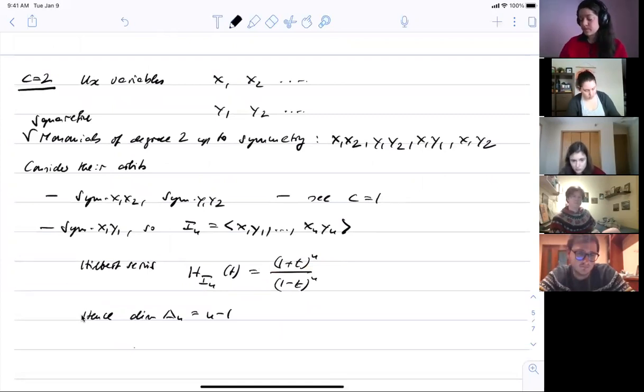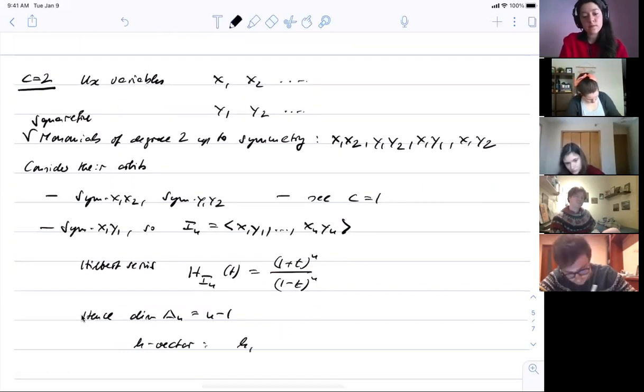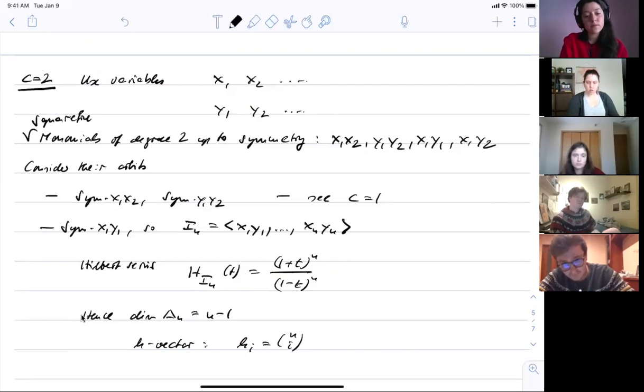So the h vector is just given by h_i is n choose i. And by what Martina described, we could compute from this, of course, the complete face vector.